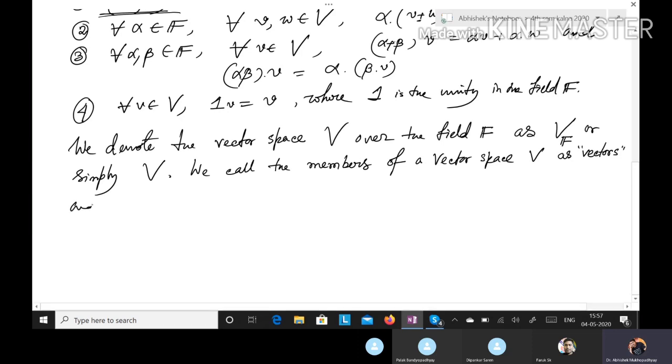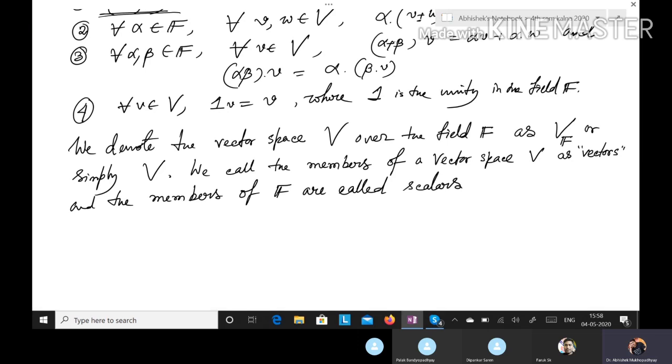And the members of the field F we call scalars, as long as the vector space is concerned.